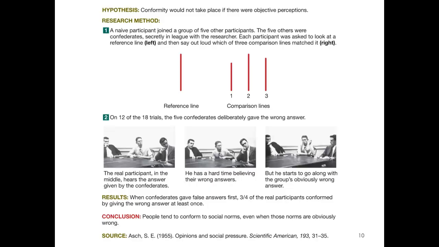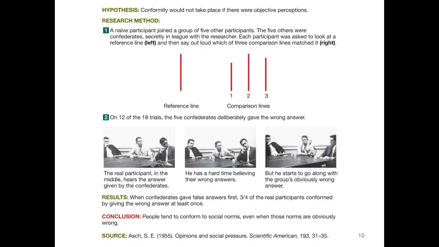So in Asch's study, as you saw in the video, there was what looked like a group of subjects. But there was only one subject. The other subjects were actually what are called confederates. They're research assistants that are following a script.